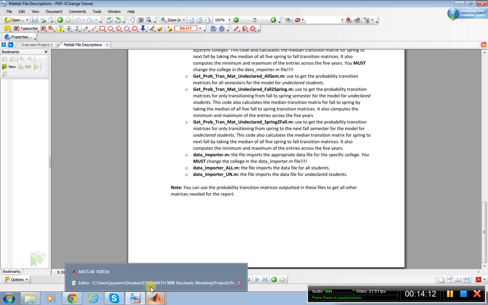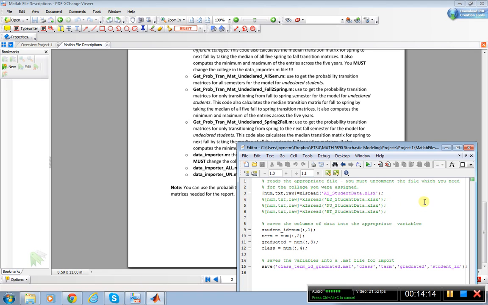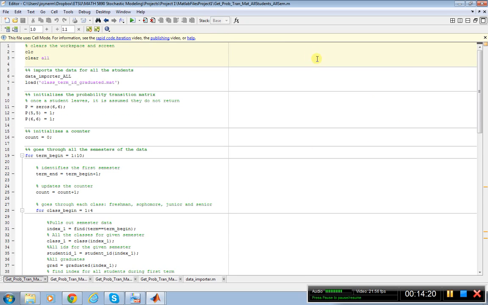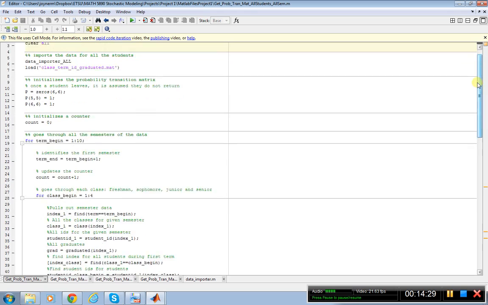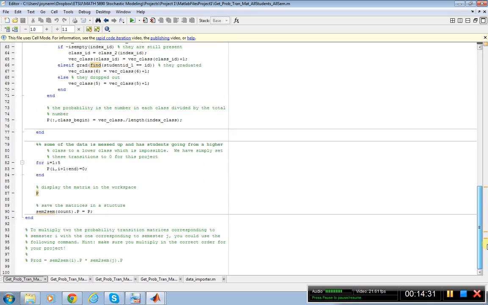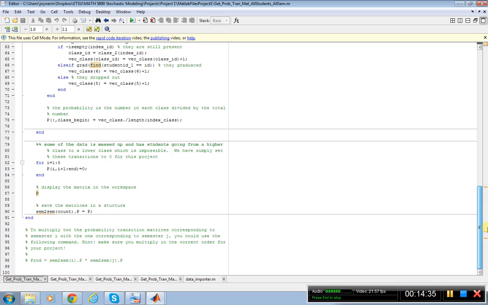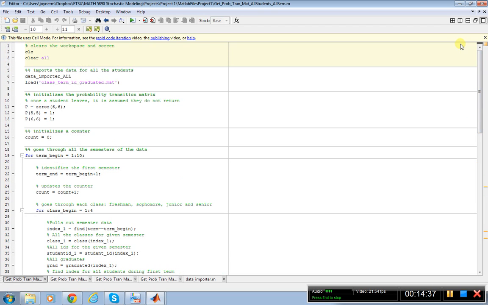Just as an example, this is one of the files: the Get Probability Transition Matrix, all students, all semesters. I've commented this, so you should be able to go through the comments and try to figure out what exactly is going on and what happens when I run it.